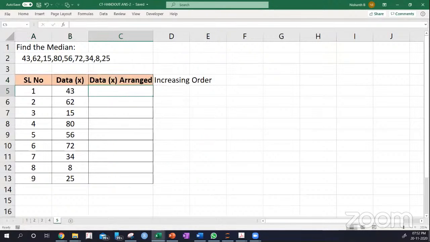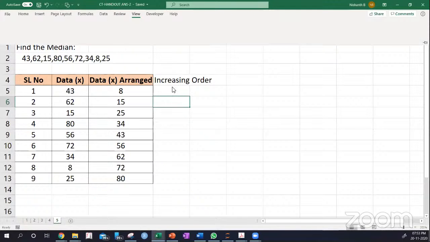What's the first number? 8. Next, 15. Next, 25, 34, 43, 56, 62, 72, 80. Now we have arranged the data in increasing order.